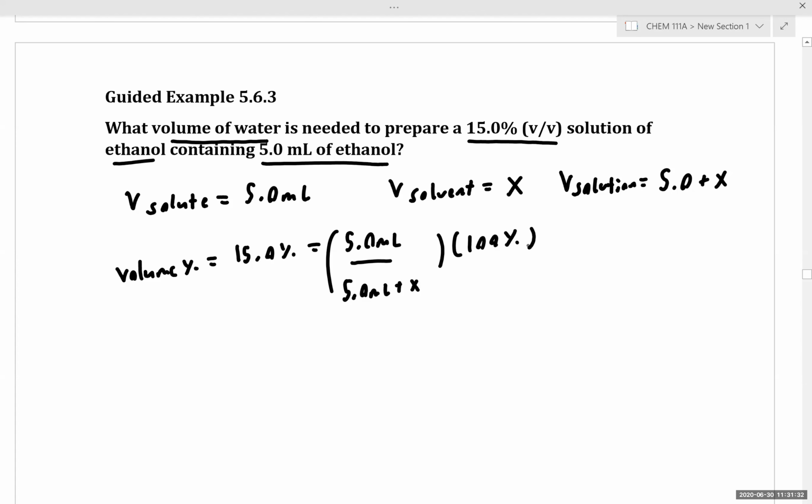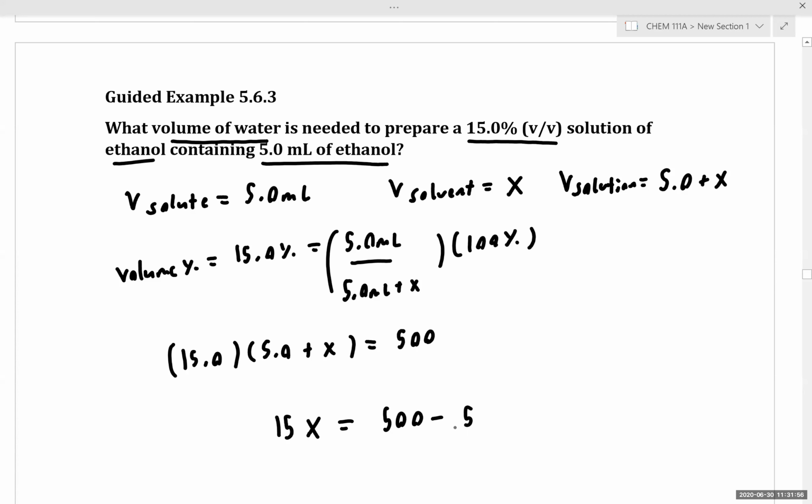Now that we have our equation in place, we're just solving it algebraically. So we have 15.0 times 5.0 plus X is equal to 500. 15X is equal to 500 minus 5 times 15.